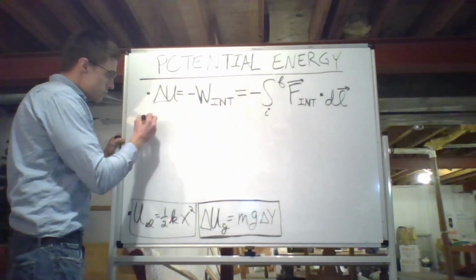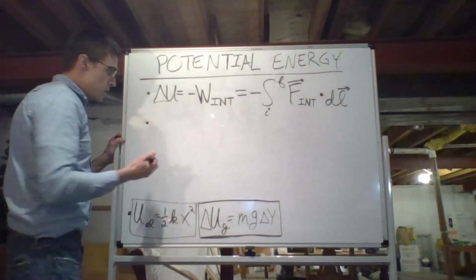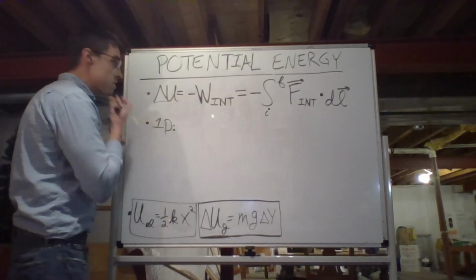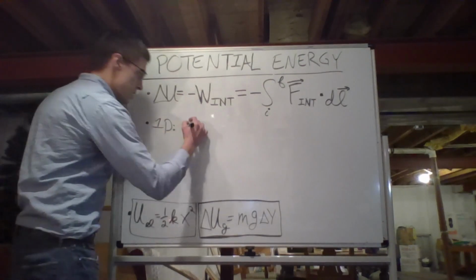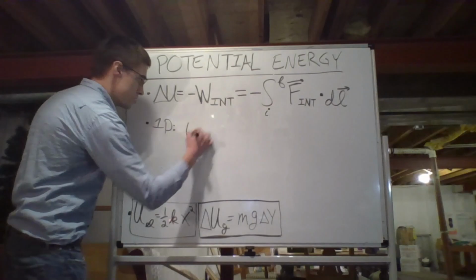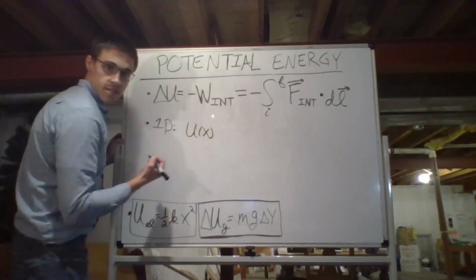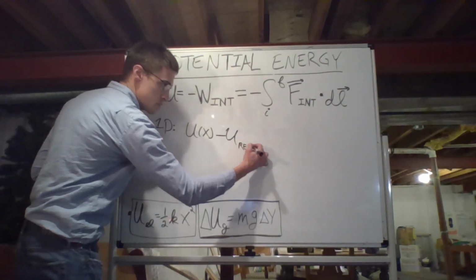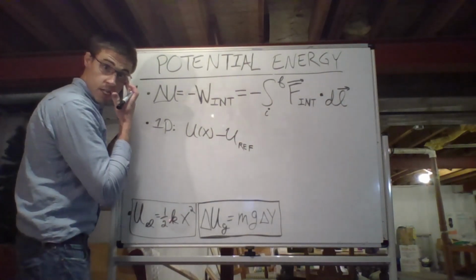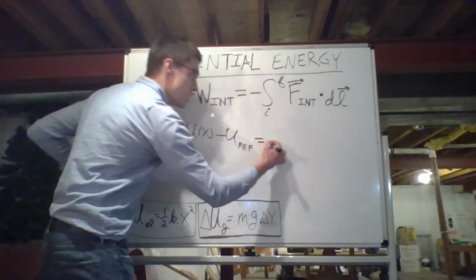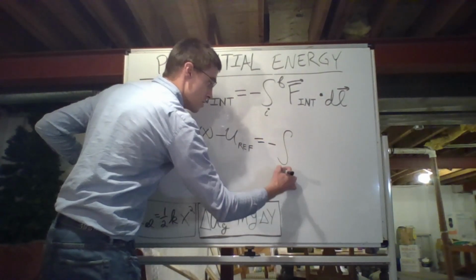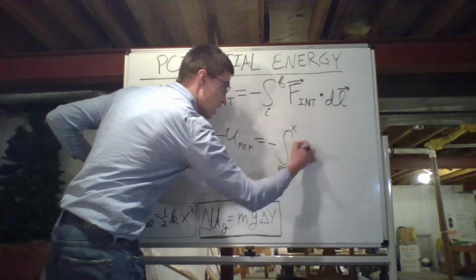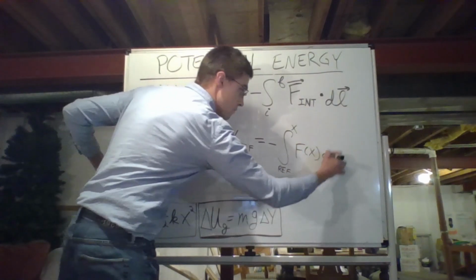If I just think about the one-dimensional case, with a single dimension force, then I could talk about the change in potential energy as the potential energy at some location minus the potential energy at some reference point. It wouldn't really matter. And I could set that equal to minus this integral from the reference point to x of f of x, this one-dimensional force, dx.